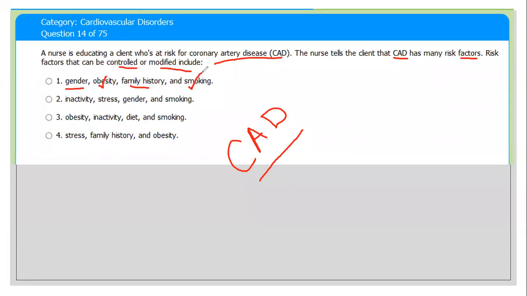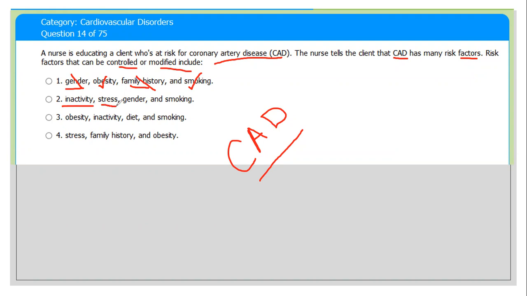Smoking, definitely you can. So that is a good point, but this one is not the answer. Inactivity. Yes, if I want, I can change. I can go for a walk, I can go for a run, I can go for exercise.